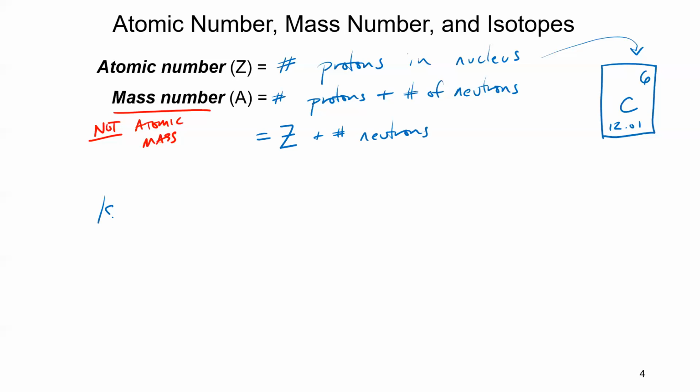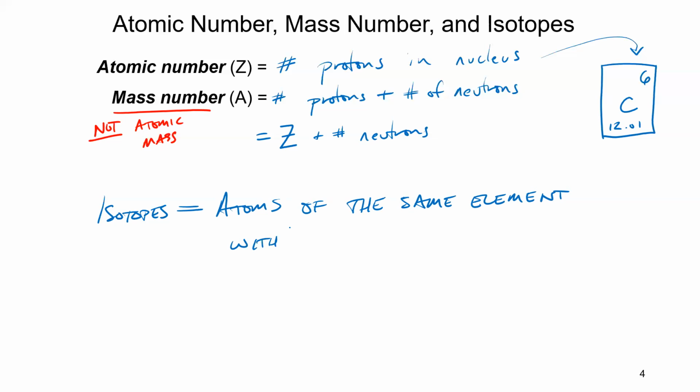When we talked about isotopes earlier, we talked about them as being atoms of the same element with a different mass. We're going to clarify that a little bit, because yes, they have different masses, but is it because they have a different number of protons or a different number of neutrons?